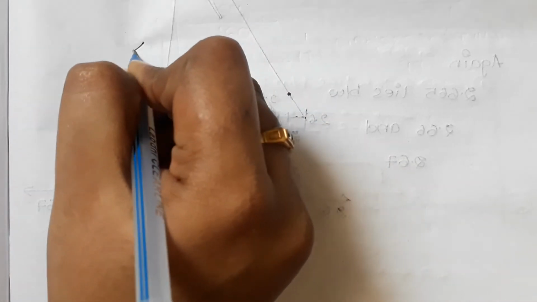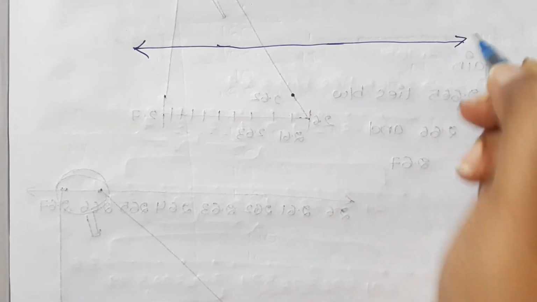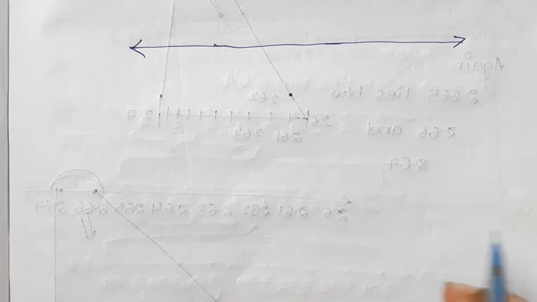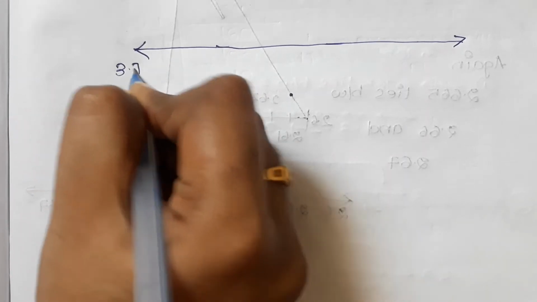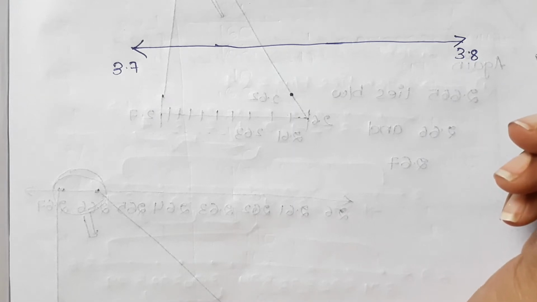And now let us draw the number line between 3.7 and 3.8, and this is divided into 10 equal parts.